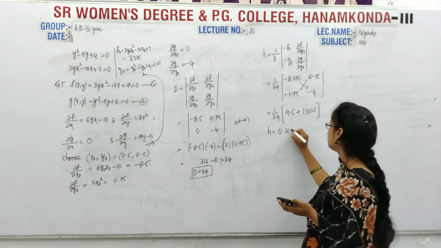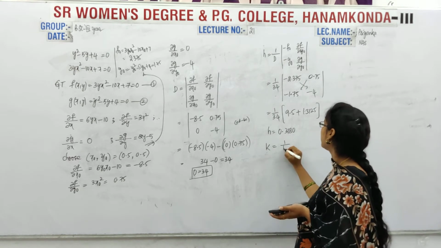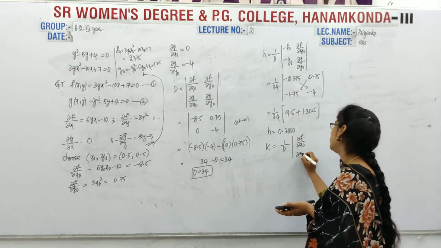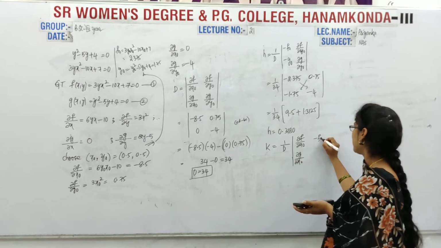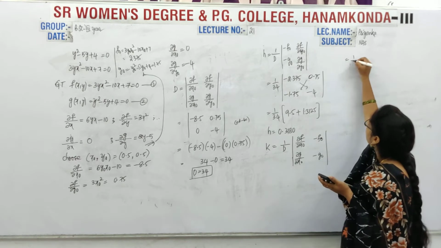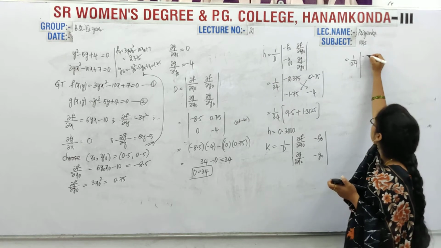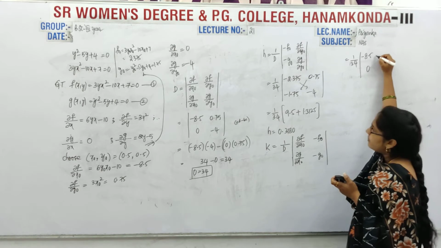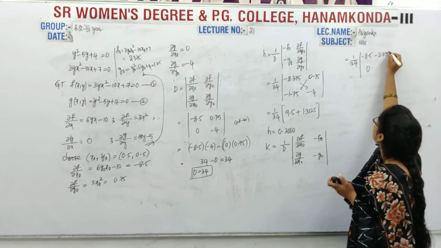Now H is equal to 0.3180. I am simply taking it up to 4 decimals. Now K is 1 by D of dou F by dou X naught and dou G by dou X naught, here minus F naught, minus G naught. Now what will be the value? 1 by 34 of dou F by dou X naught is minus 8.5 and dou G by dou X naught is 0. Minus F naught is minus 2.375.